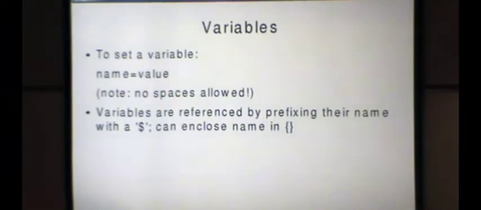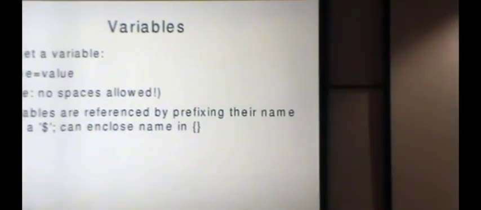The value can be either a string, and you don't have to use quotes, or it can be a number. Shells are string processing animals. So whether it's a number or not, it's still a string.